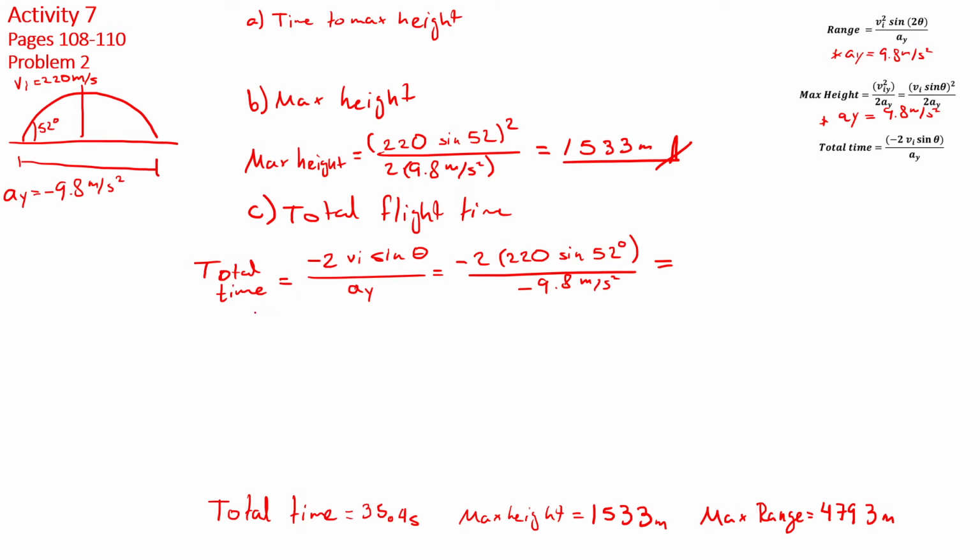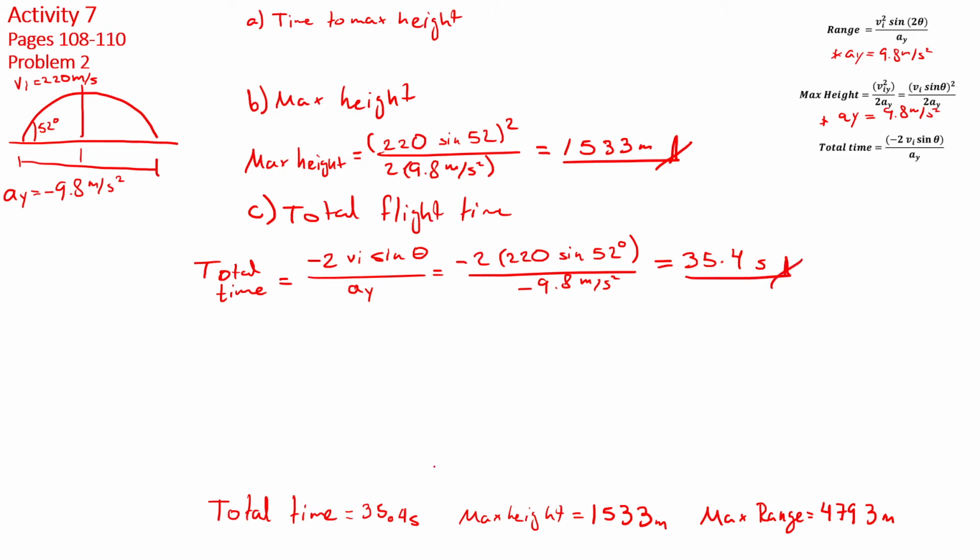And if you remember, the time to the maximum height is located at the half. So it will be half of the total time. That's why we are calculating the total time first, and then we will divide it by 2 to get the time to the maximum height. Do you have the answer? I got 35.4 seconds.